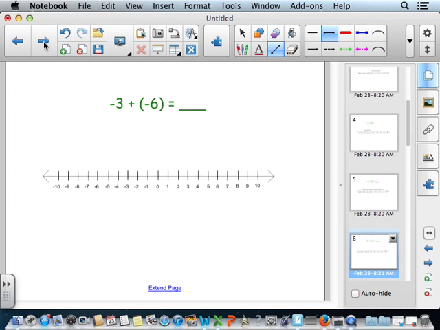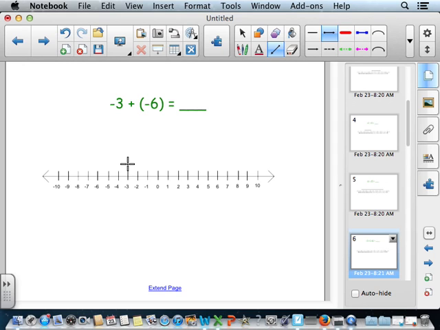Here I'm adding two negatives. Negative 3 plus negative 6. I'm starting with negative 3, so on my number line, I will start at negative 3. When I add negatives, my number will get smaller.